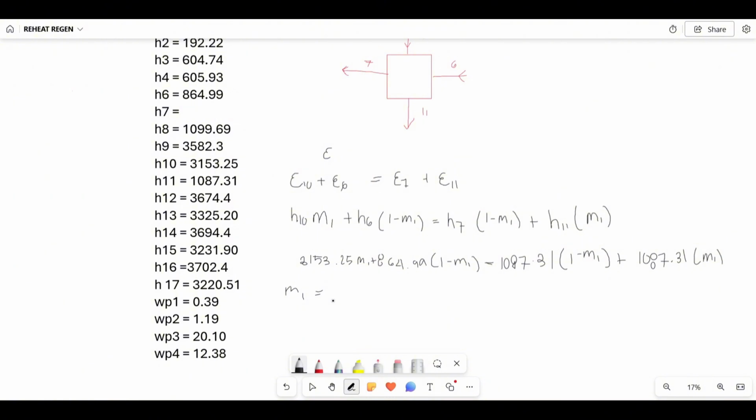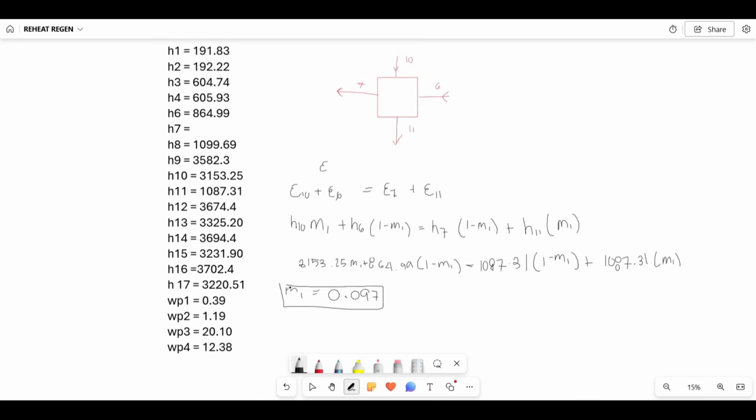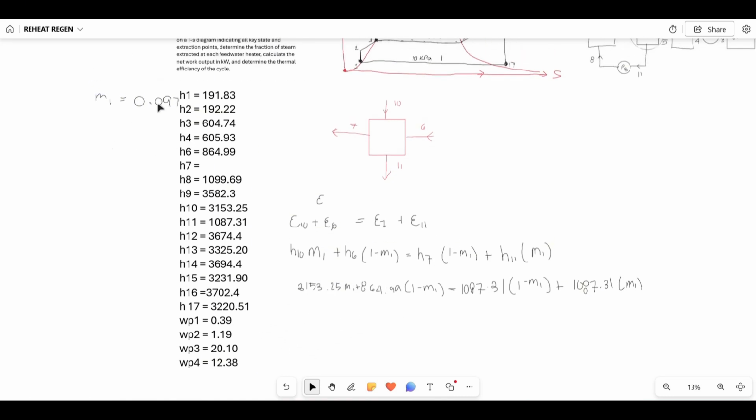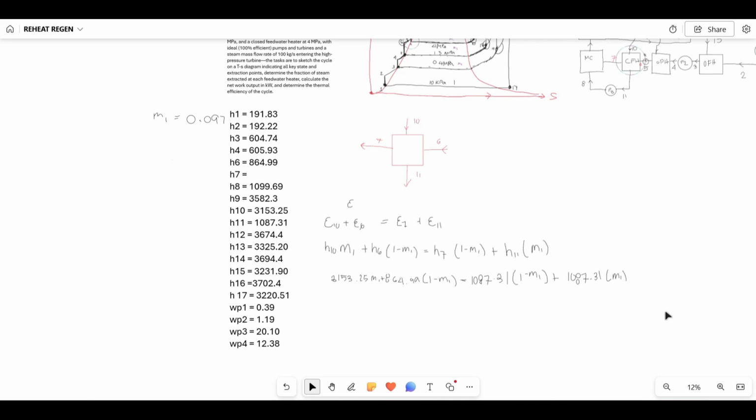So now we have mass 1 as 0.097. Therefore, mass 1 is only 9%. So we keep this value for now, we store it there. So we got mass 1.